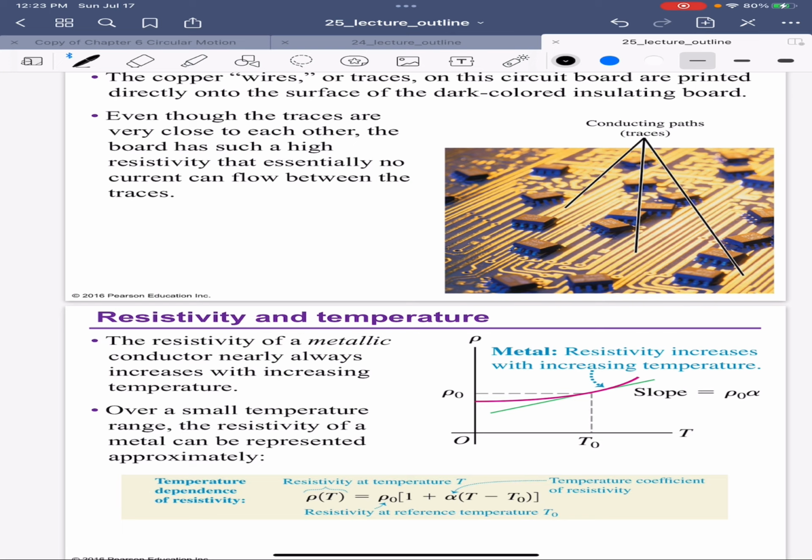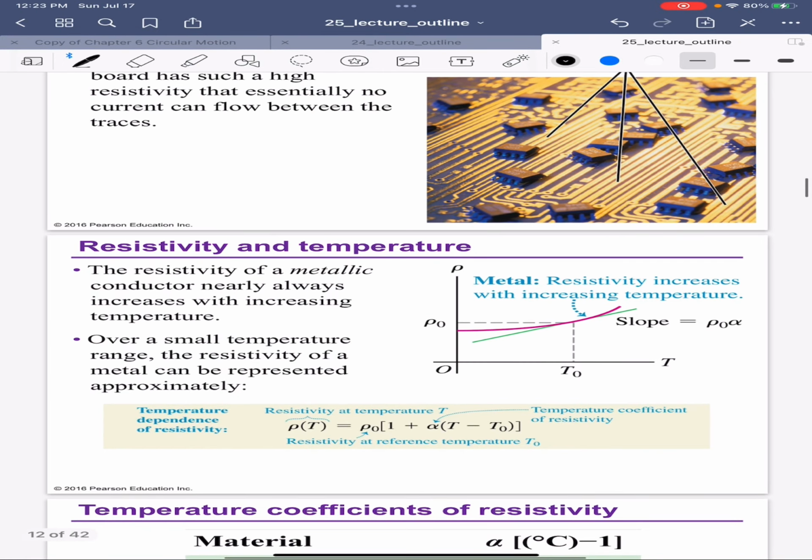Over a small temperature range, the resistivity of a metal can be expressed approximately as a function of temperature: rho zero, which is the resistivity at a reference temperature T0, maybe room temperature or any temperature, multiplied by 1 plus alpha, which is called the temperature coefficient of resistivity. We're going to work on problems including these, multiplied by T minus the reference temperature.